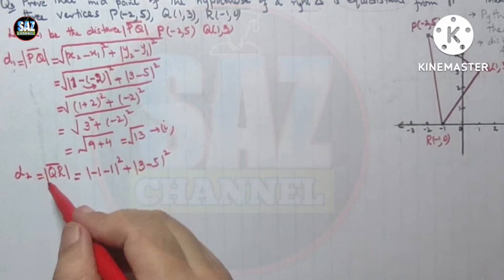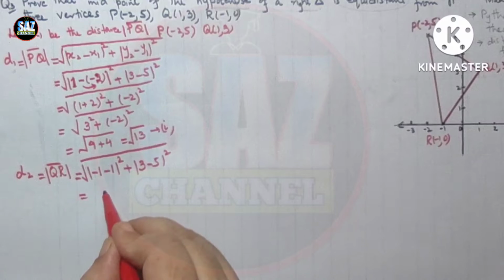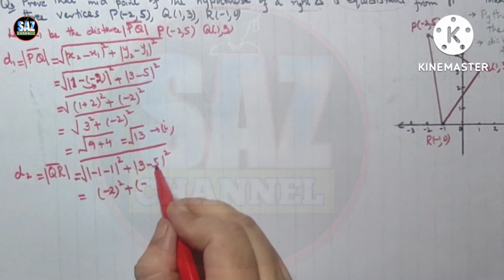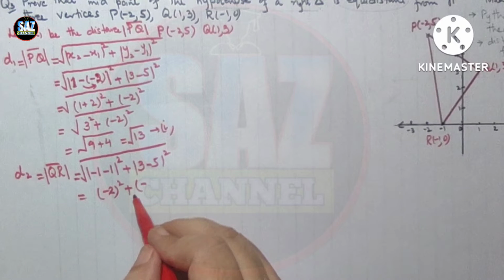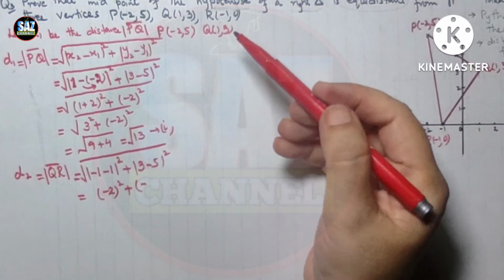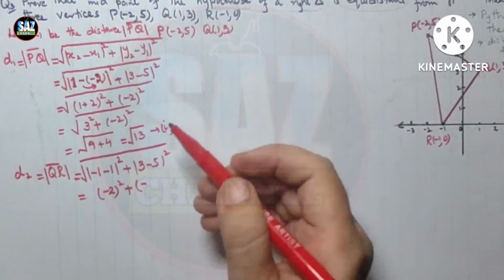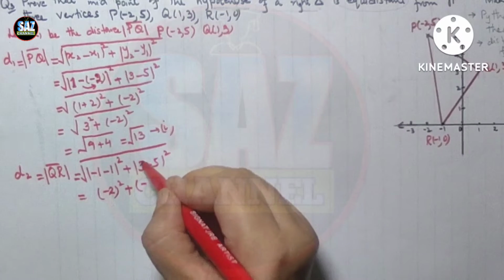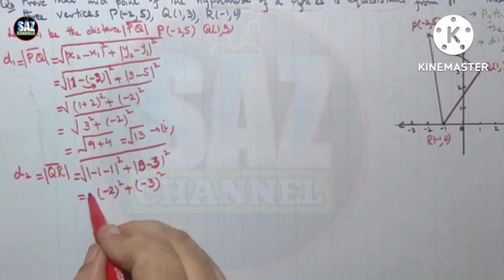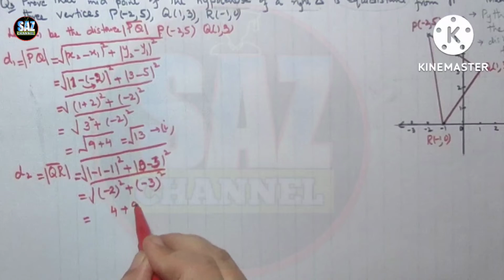This will give me (-2) square plus (-3) square under the root. Let me reconfirm the coordinates: Q and R, R is (-1, 0), and 0 minus 3 gives -3. This is 4 plus 9, which is equal to 13. Square root 13, and this is the second answer.